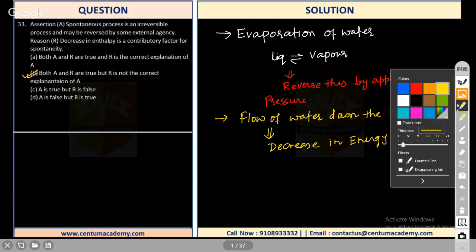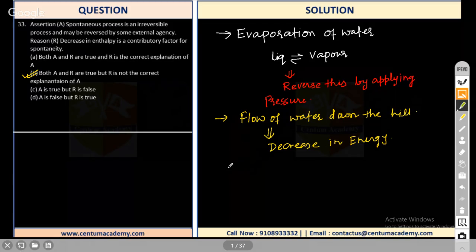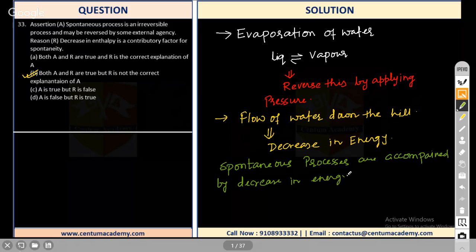The bottom line which you have to keep in mind is that spontaneous processes are accompanied by decrease in energy or enthalpy and increase in entropy, randomness. How do we know entropy increases? Because when liquid converts into vapor, obviously it has more randomness.